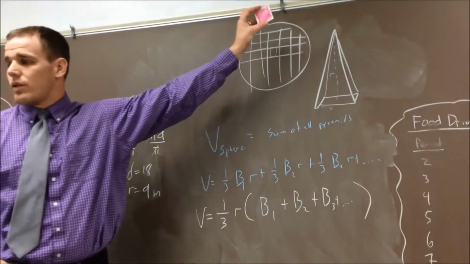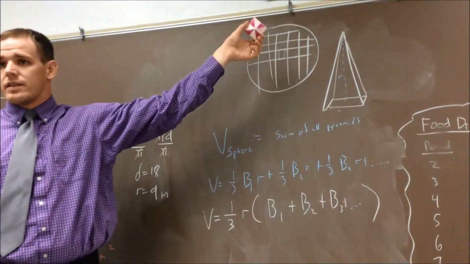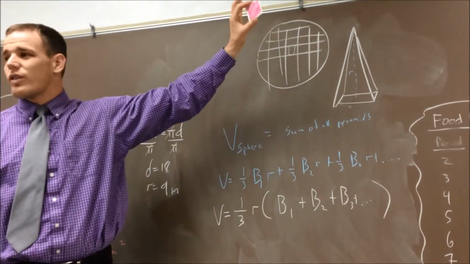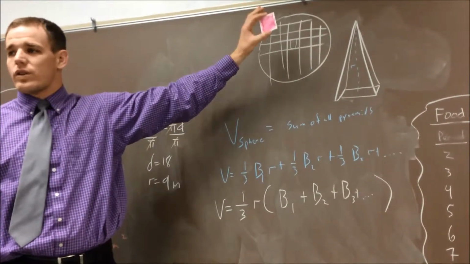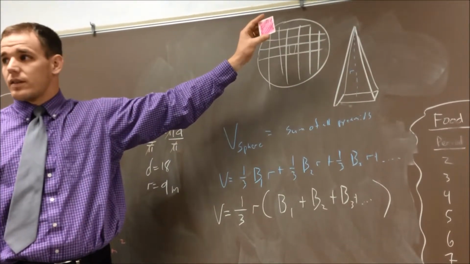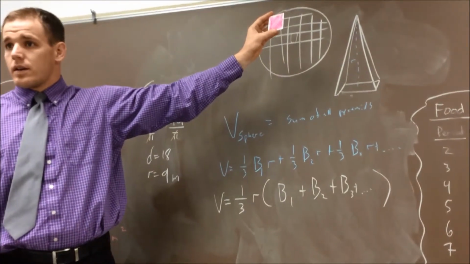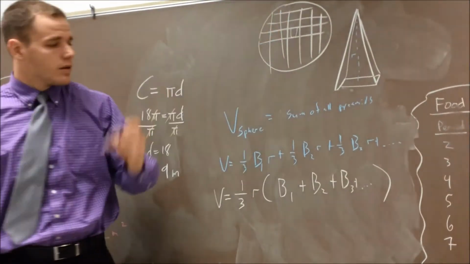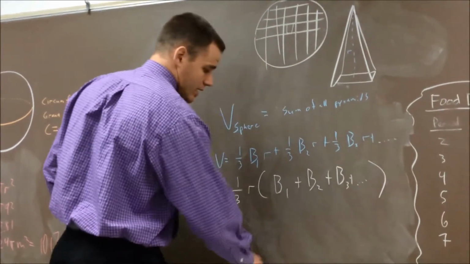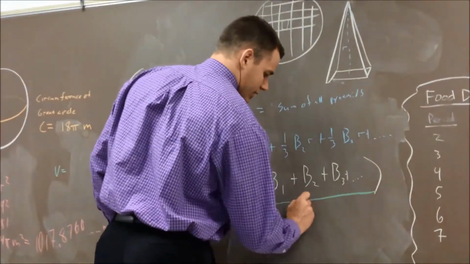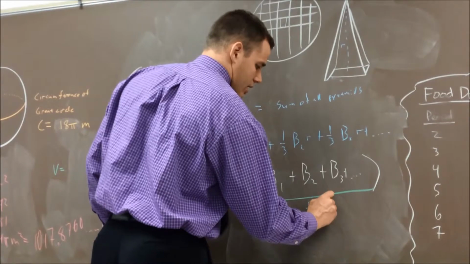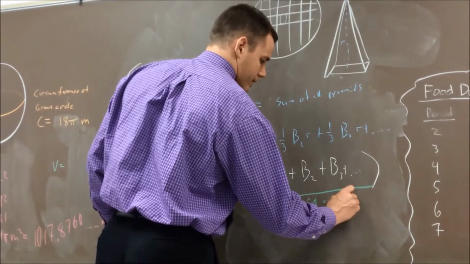But they're all on the outside of the sphere. So what are all these bases? If we add up all these bases, what do they give us? The surface area, right? The surface area of the sphere. So this is really the surface area of the sphere.